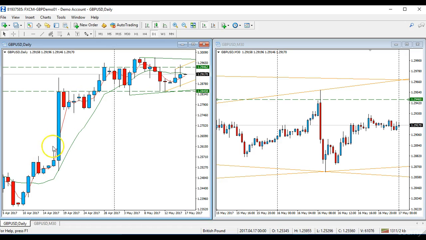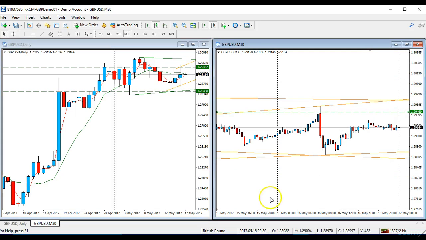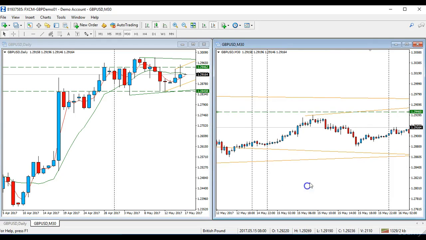Here's the momentum on the pound US dollar, and because this fast moving average is moving very, very fast and the candles are exceeding the moving average, that's where I want to look for trades. But here the price is moving sideways, so the only trades I would want to take here are these small sideways moves. I'm not going to take big moves in the market.